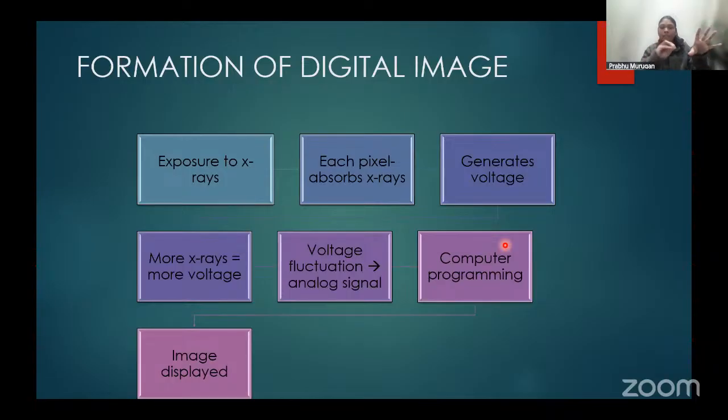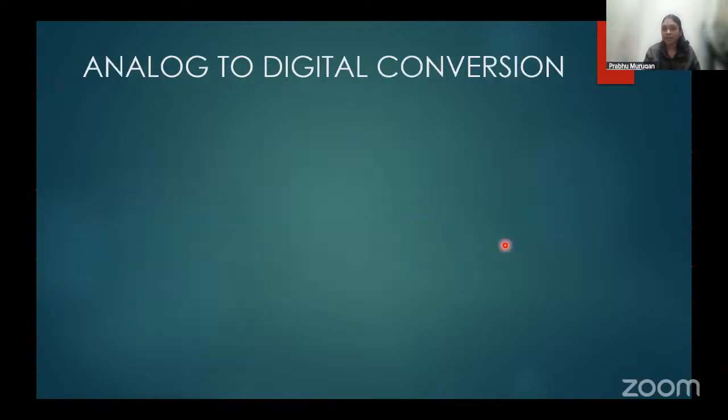Wherever it is 5 or 4, it is going to give a lesser shade of black, or a lesser shade of gray. Wherever it is 1 or 0, it is going to be white in color. This is how it will assign the gray boxes inside the pixels to give you the final image. You will see radiopaque and radiolucent structures on the final X-ray image. I hope this part is clear for you.